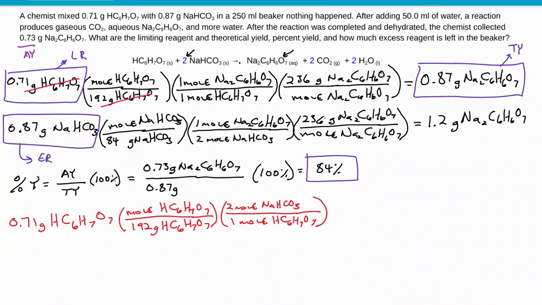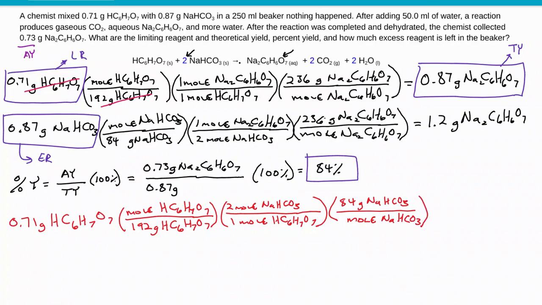Now, let's get the molar mass of this. 84 grams NaHCO3. And whatever units on top, put on the bottom. Notice I'm not carrying the 2 to the bottom. A lot of students like to carry values over. No, that 2's been used already.